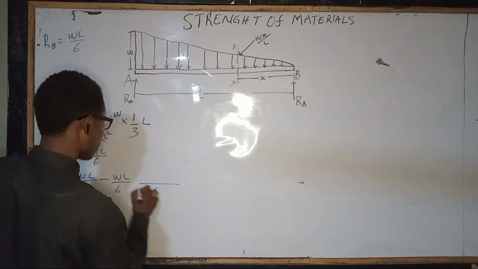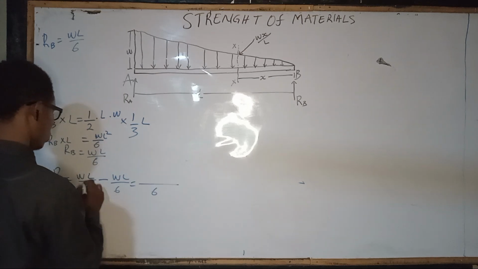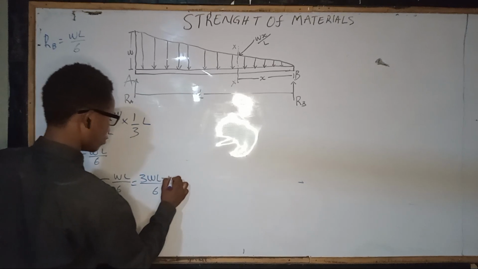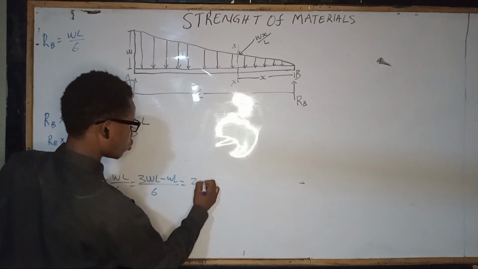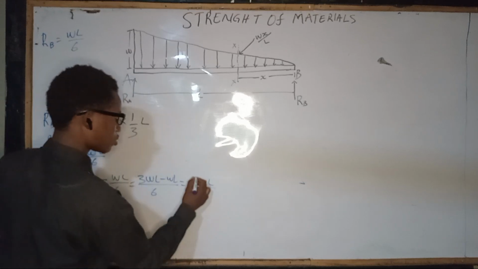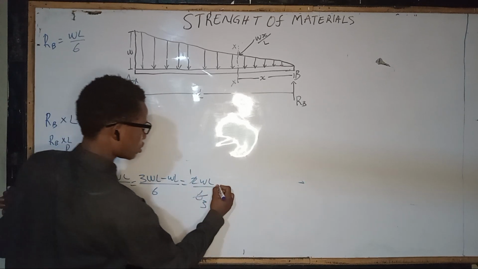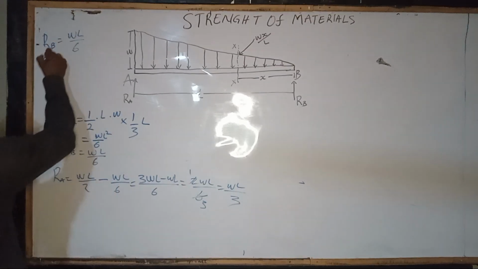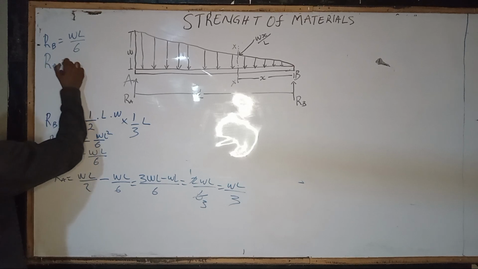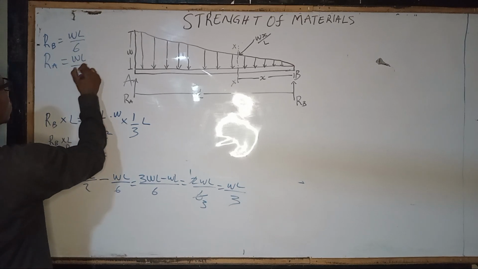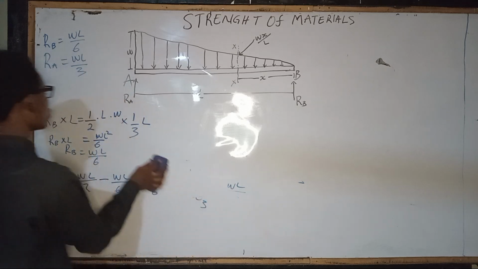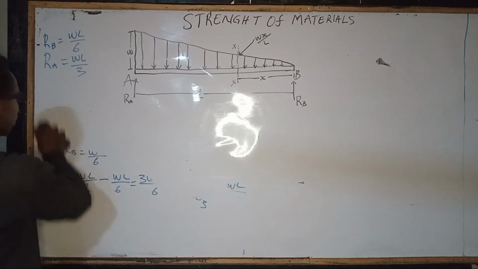Collecting like terms, we have 6 as the denominator, then 3WL minus WL, which is equal to 2WL over 6, which is WL over 3. Therefore, our reaction at A is WL over 3. So these are our reactions at A and B.